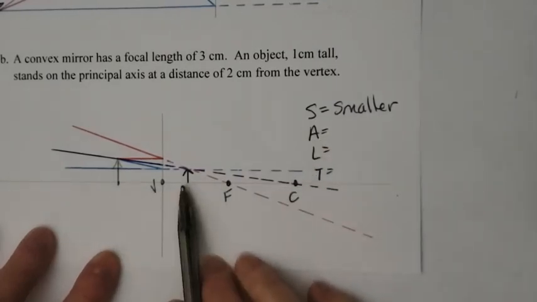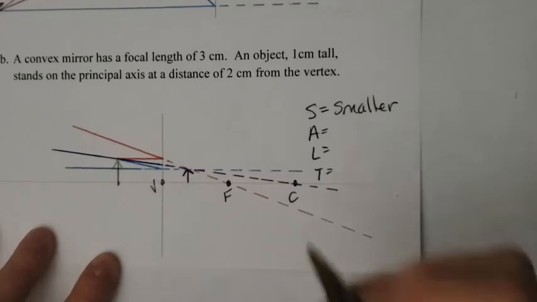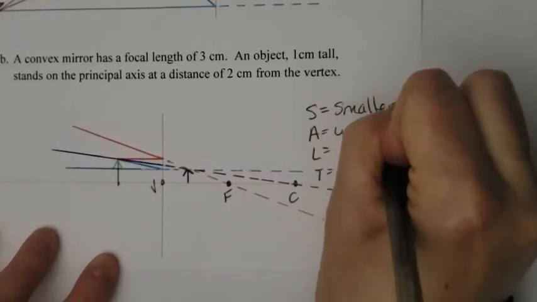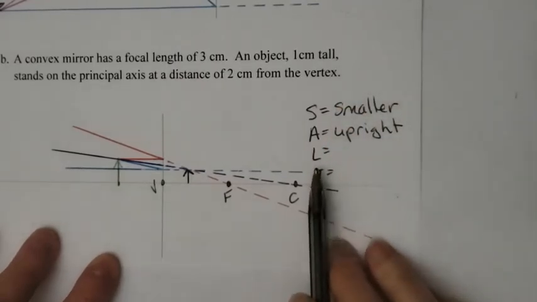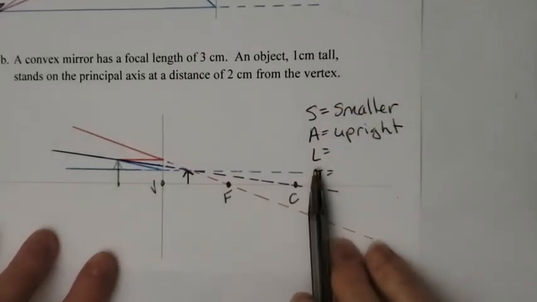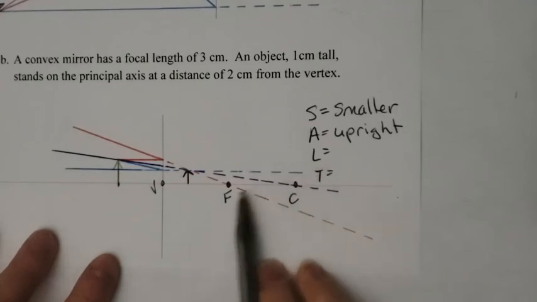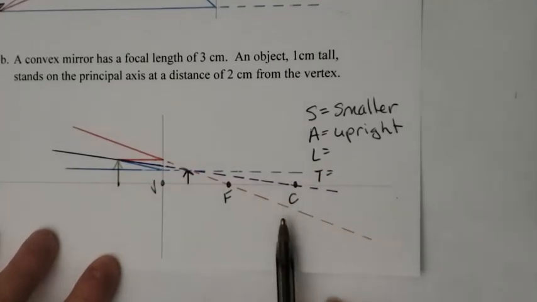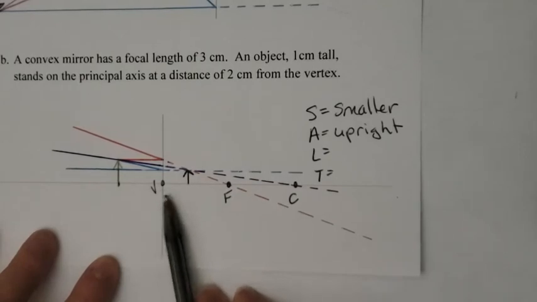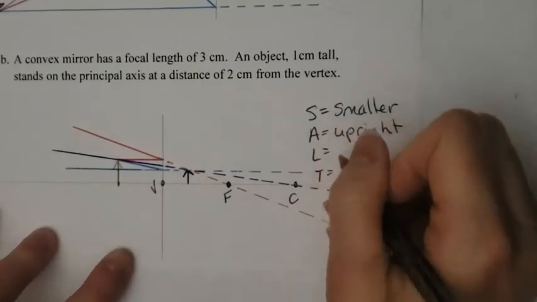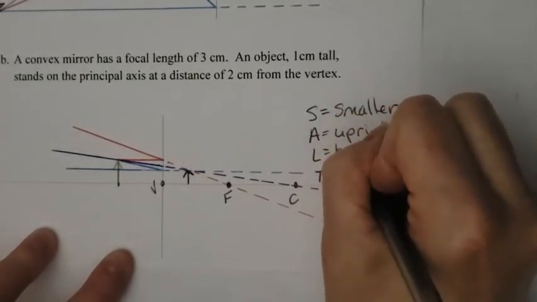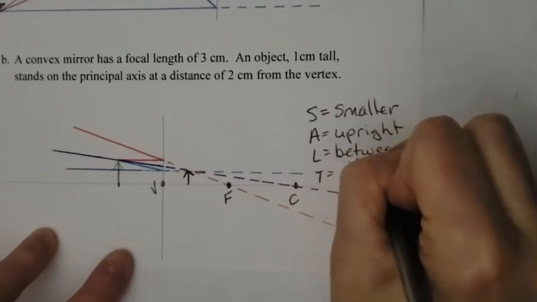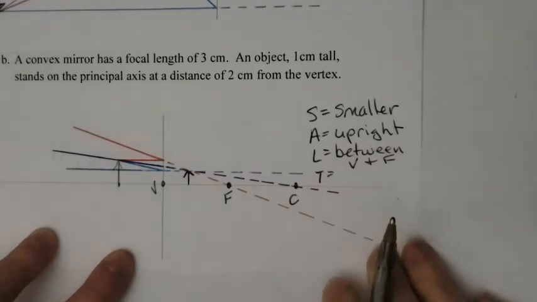So is it upright or inverted? This time it's pointing up, so it's upright. L is our location. So when I look, and you're always going to use the V, the F, and the C to talk about the location, it's between V and F. So I would say between V and F.